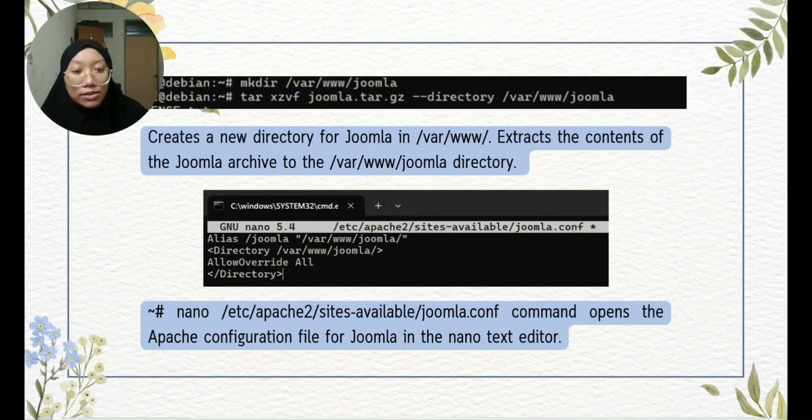And we use the command nano /etc/apache2/sites-available/joomla.conf to open the Apache configuration for Joomla in the Nano text editor. Inside here, we put Alias /joomla, inside the Directory /var/www/joomla, and AllowOverride All, which directs to the directory /var/www/joomla.